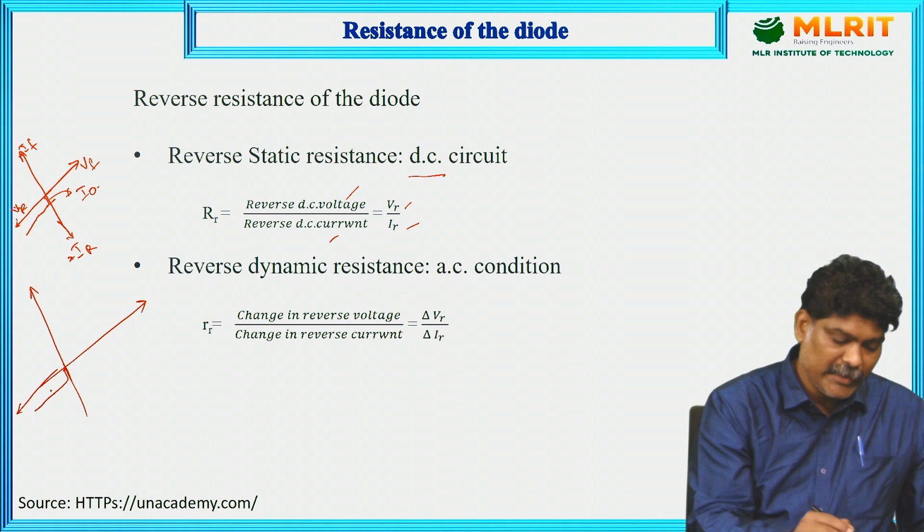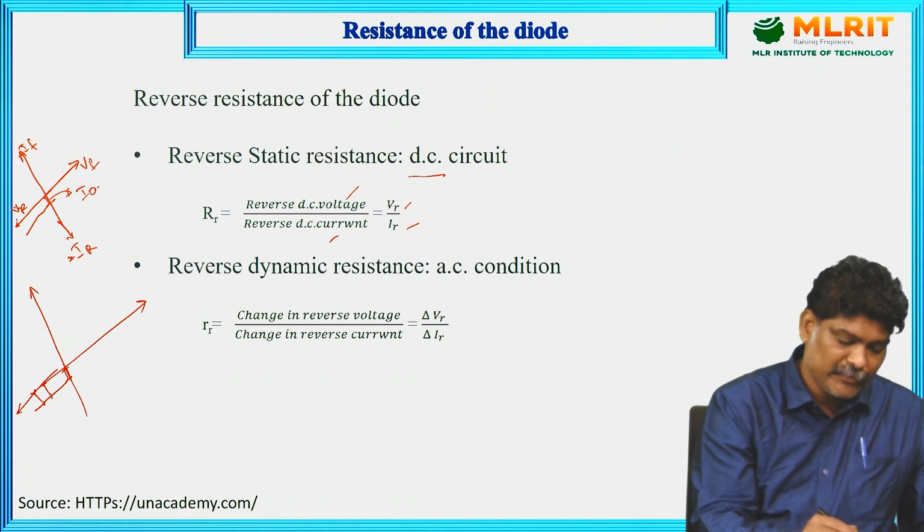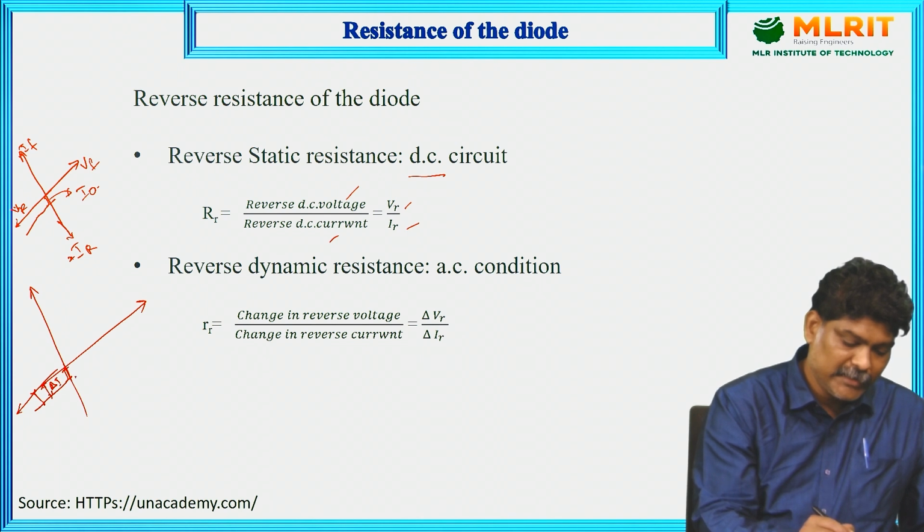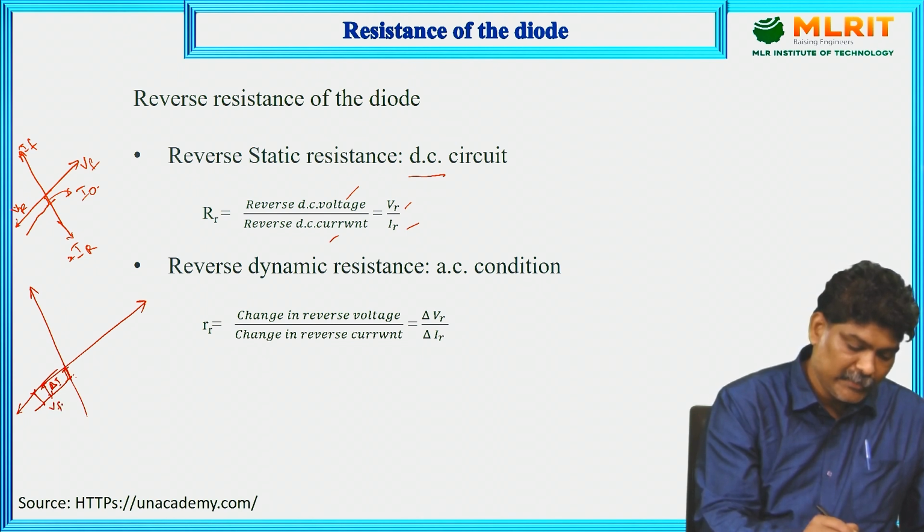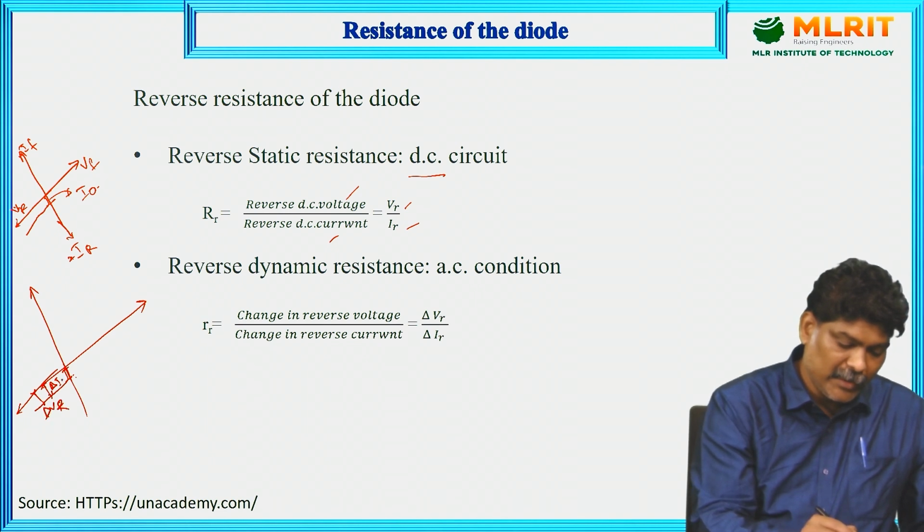So consider any two particular points. This one is delta I and this is delta V, delta VR and delta IR.